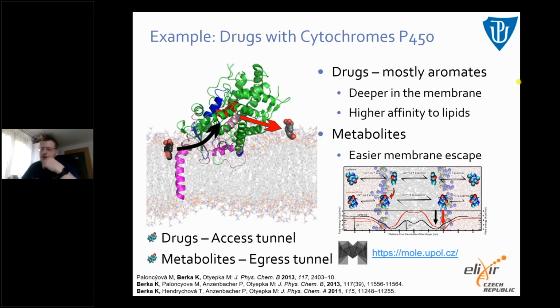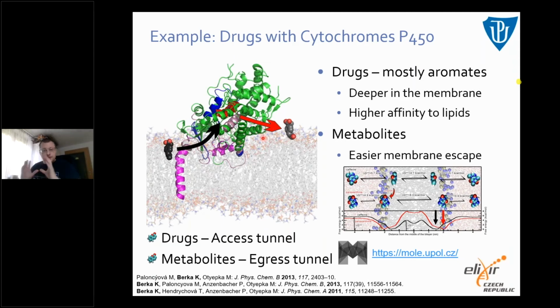Here is a guy which is quite often used these days. This is ibuprofen. And this guy is sucked into the active site by the access tunnel from the membrane. And then its metabolite is egressed from the membrane, basically. Therefore, the cytochrome P450s are cleaning the membrane from this.